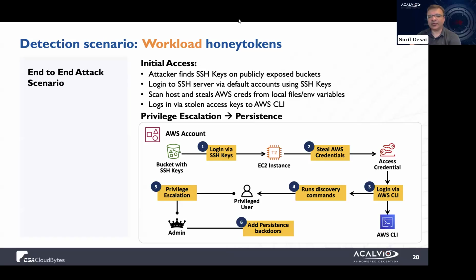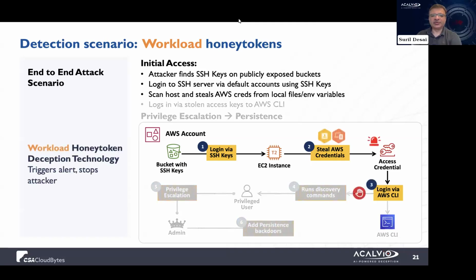These credentials provide the attacker the ability to leverage the associated permissions to perform further lateral movement, run discovery, elevate privileges, and then establish persistence in the AWS environment. This type of attack is a very typical attack sequence being used by many, many different APT groups.